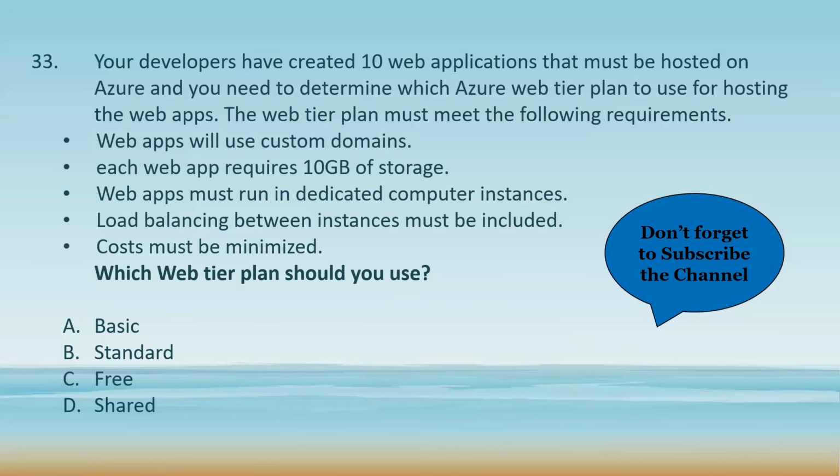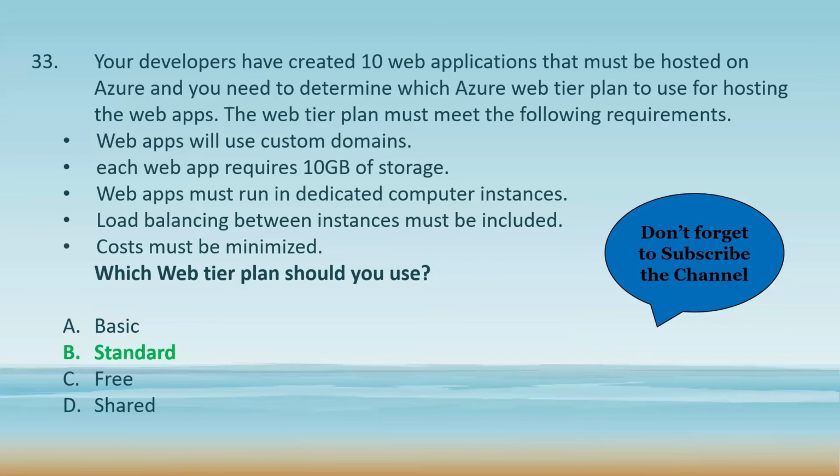So this rules out option D, shared, as it only supports up to 1 GB storage, leaving us with option A and option B. Now, the next requirement is to run web apps in dedicated compute instances, which is supported by both basic and standard. However, basic only supports up to 3 instances, whereas here you need to create 10, which means basic is also ruled out, leaving you with option B, standard, as the right answer.